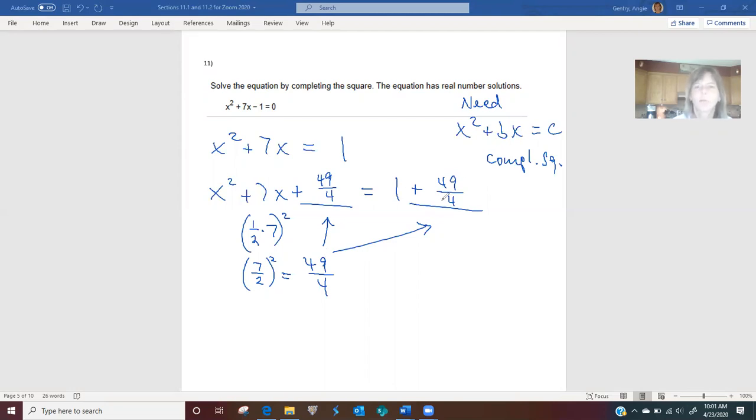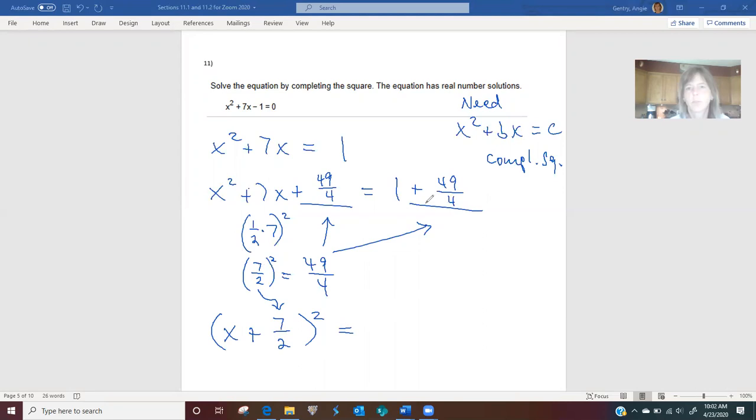Then you say, well, outside is 49 fourths. Whatever I do to one side, I do to the other. Inside, meaning that something squared, inside is that x, that plus, and that 7 halves, because that's the inside, you see?